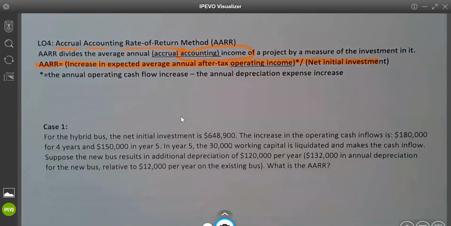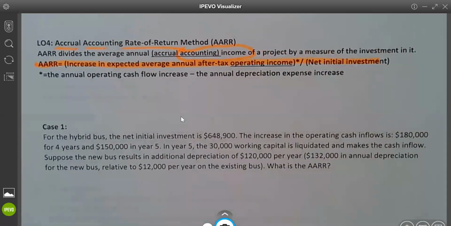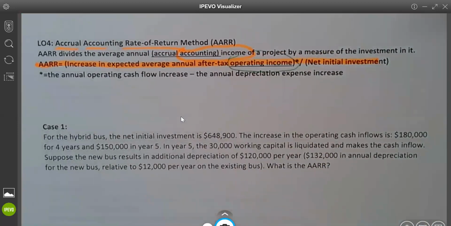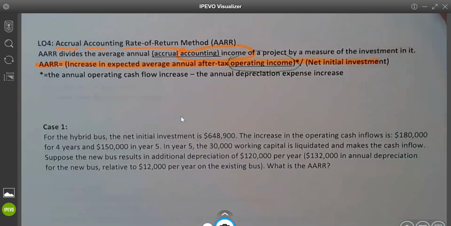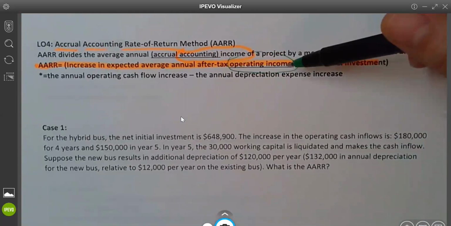Kind of similar to your previous methods, but we focus on operating income. We use that to divide the net initial investment to see how much your investment will increase our operating income.